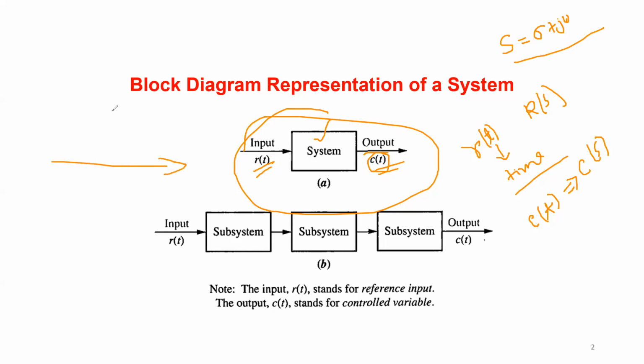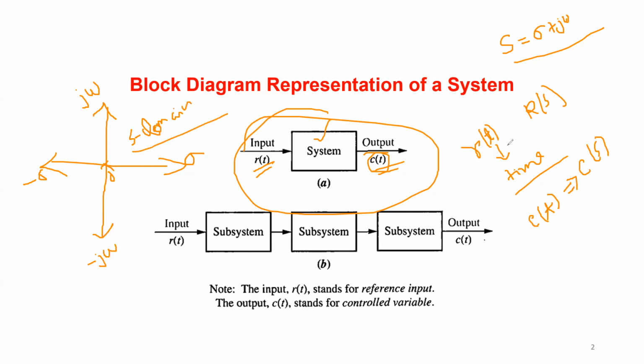We can represent the S domain this way, with sigma and j omega axes, negative sigma, negative j omega, and this is 0. This is the S domain, actually the frequency domain.